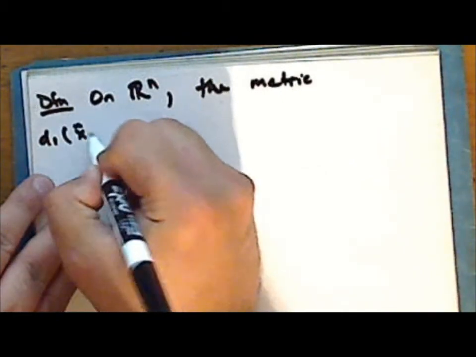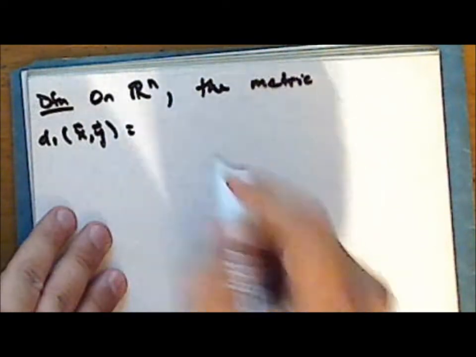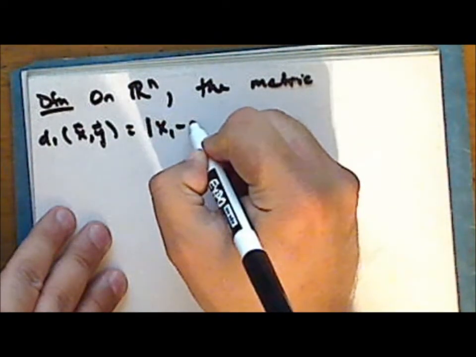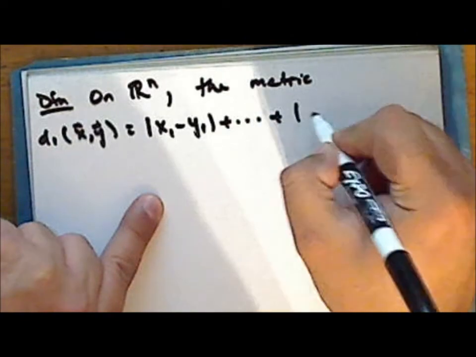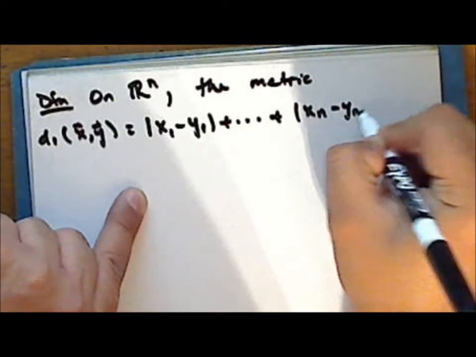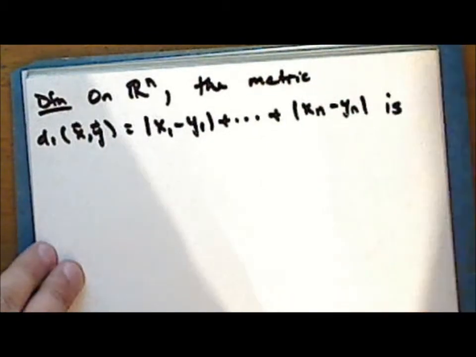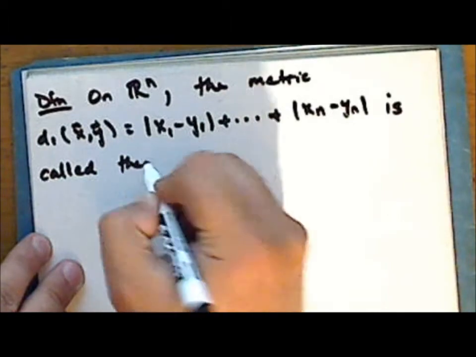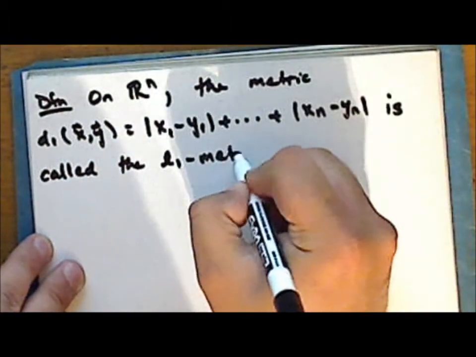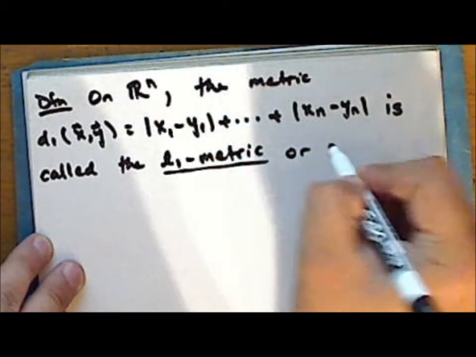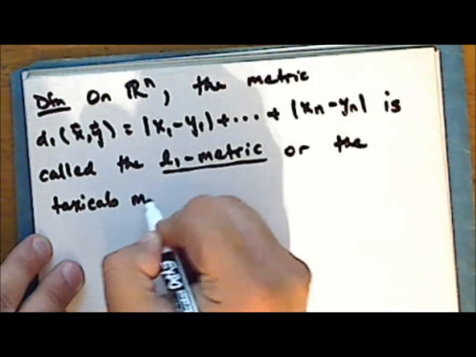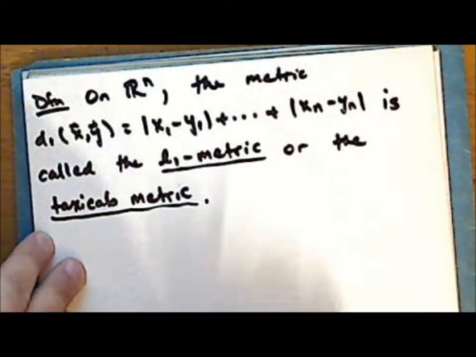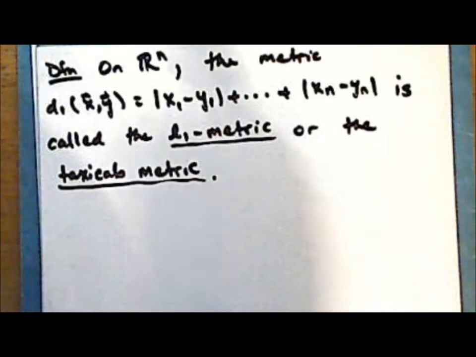The metric d sub 1, being the sum of the absolute values of the differences between components, is called the little L1 metric, or the taxicab metric. So we need to prove that this is, in fact, a metric.